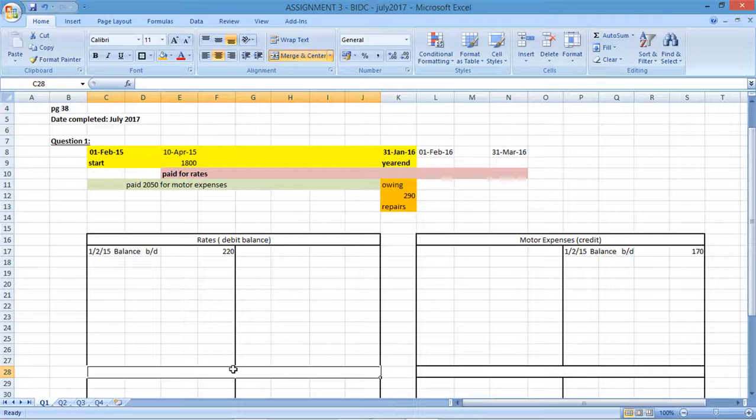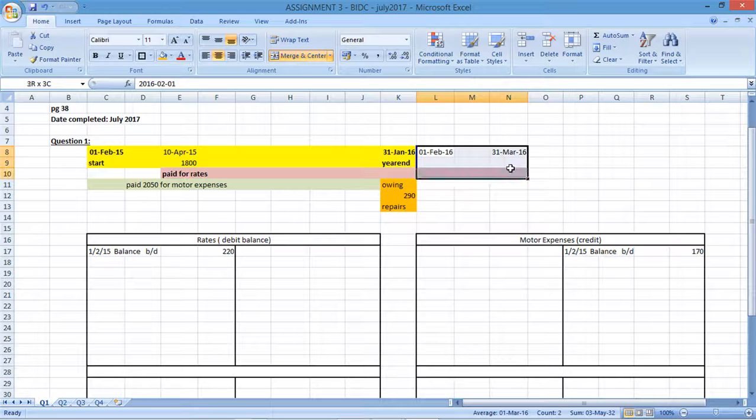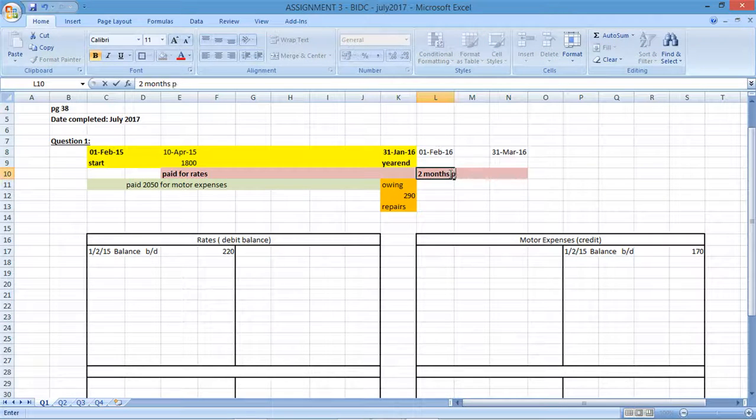It's seen as a prepaid expense that we've incurred, and the reason for that is we've got an amount that extends after the year end. So we've got 1st of Feb to March. So we've got February and March. We've got 2 months prepaid.